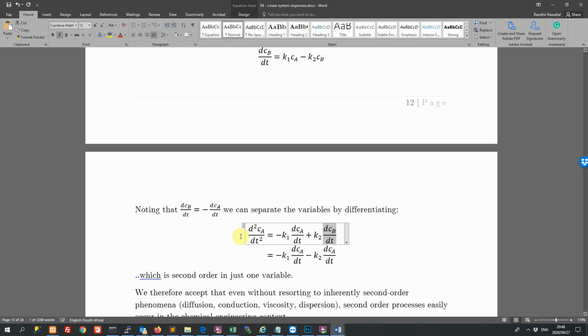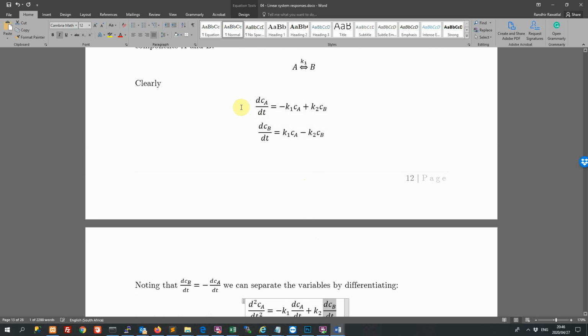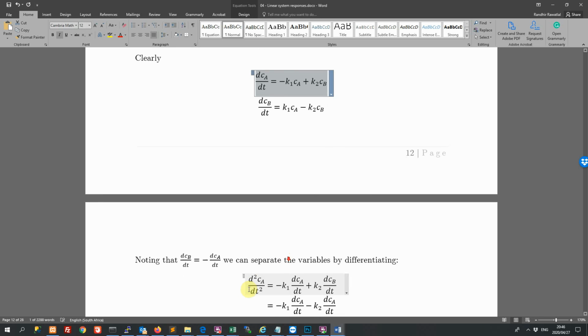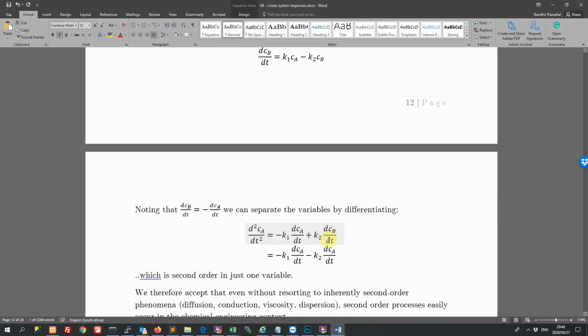And so if we take this equation and differentiate it once, then we get d2CA/dt squared minus K1 dCA/dt plus K2 dCB/dt. And then we can get rid of this dCB/dt here with a minus dCA/dt. And now we have this nice relationship.